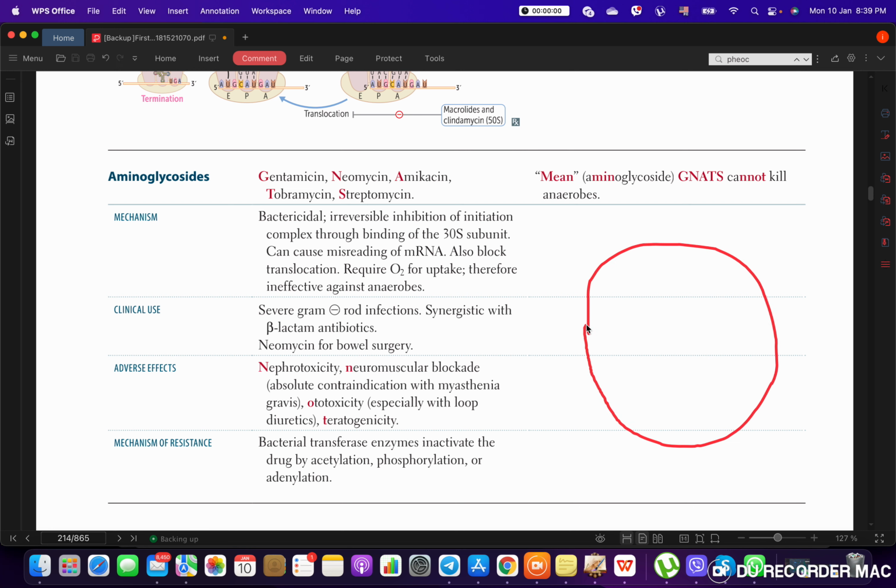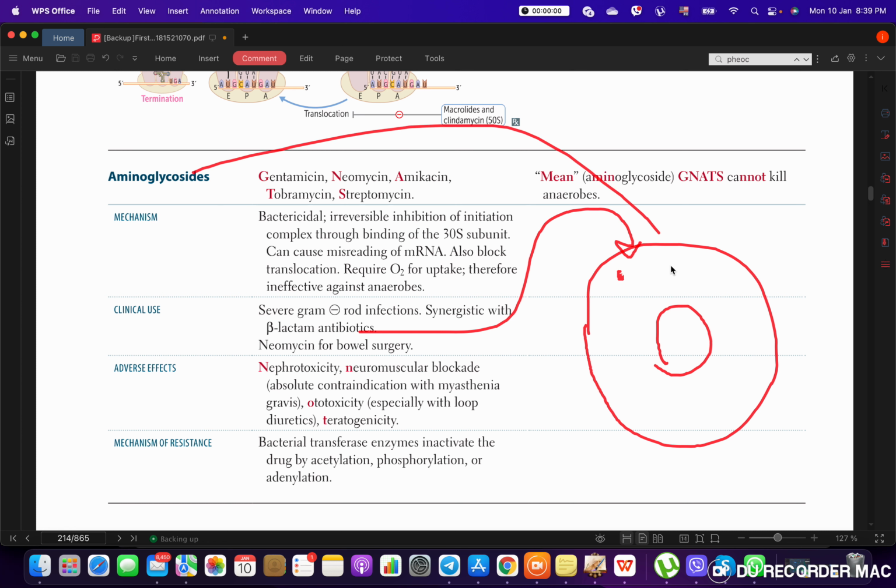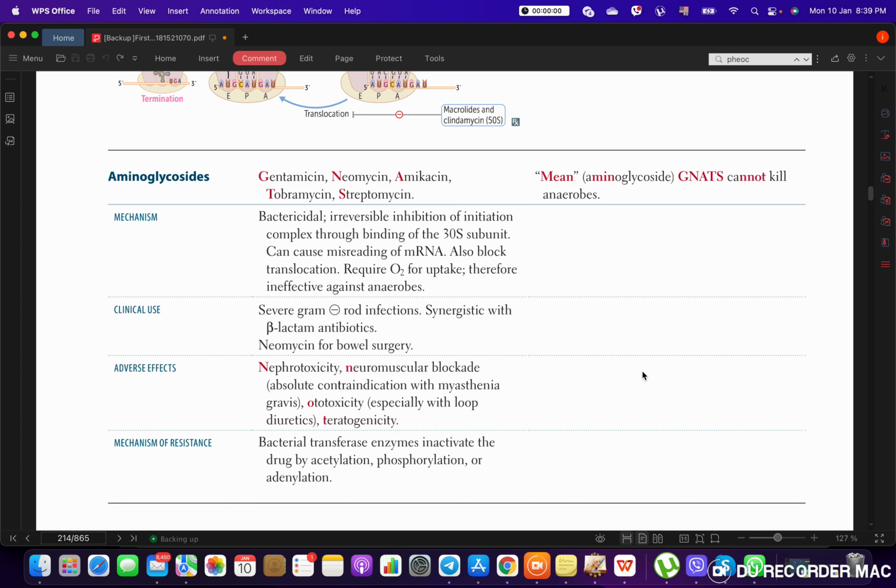Yes? So if this is the cell wall, this is the nucleus, these are the ribosomes. The beta-lactam antibiotic will destroy the cell wall. Yeah? The aminoglycoside will go directly to the ribosome and inhibit them directly. So for clinical use, we can use neomycin for bowel surgery. Does anybody remember in which parasitic disease we spoke about neomycin?